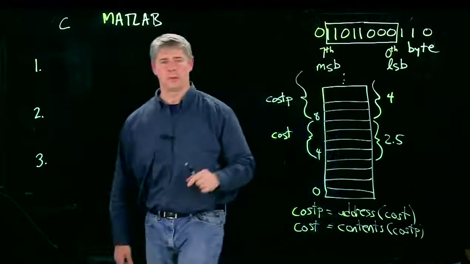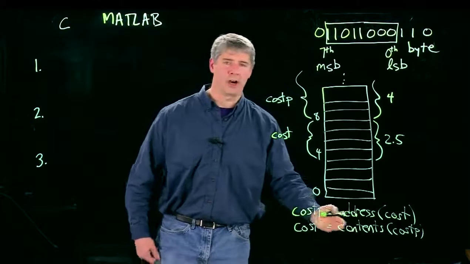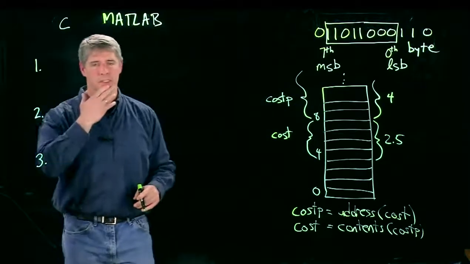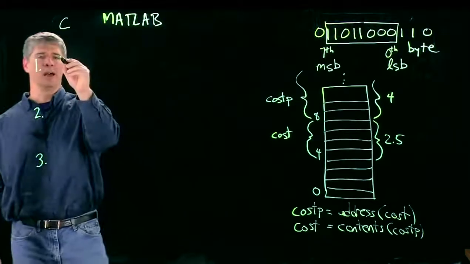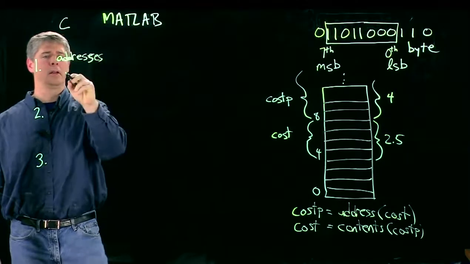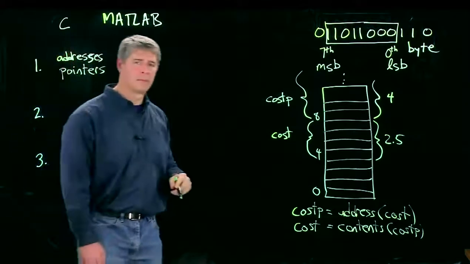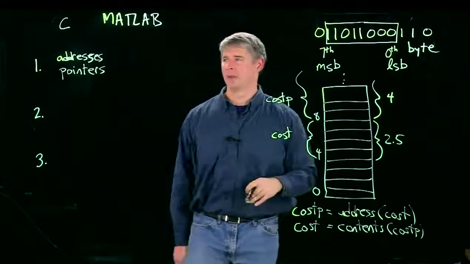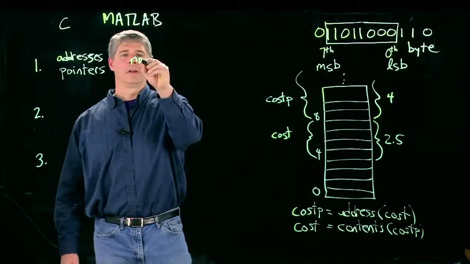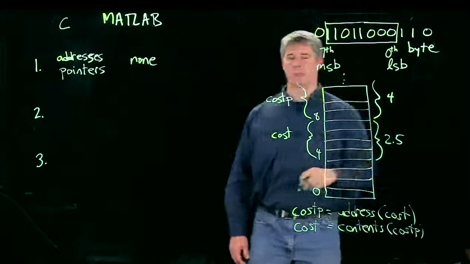These are going to be 2 fundamental operations in C, getting the address of a variable or the contents at a particular address. So this brings us to our first difference between C and MATLAB. In C, the idea of addresses and pointers, which are actually the same thing. A pointer is just an address of a variable. These are going to be very important concepts in C. In MATLAB, we don't use it.